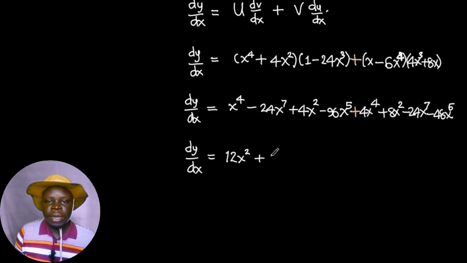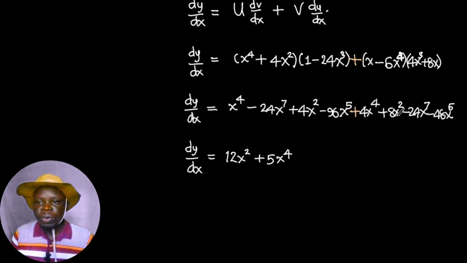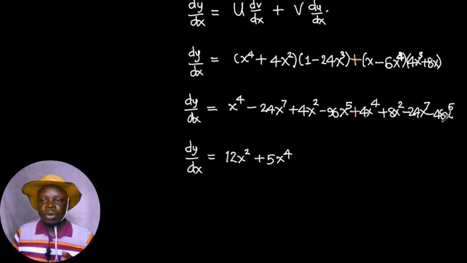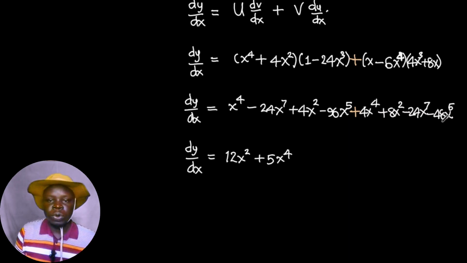So we have plus 5x exponent 4. Let's move to the next one, that is 5. And for 5 we have negative 96 and negative 48. We can sum all this together, 96 plus 48, 144. So we have minus 144x to the power of 5.